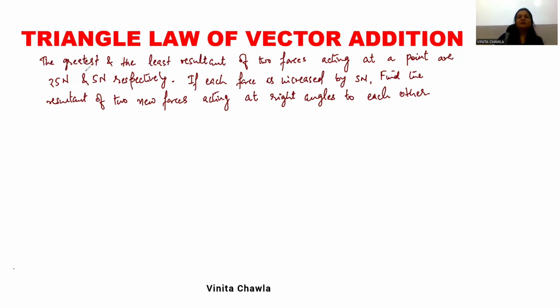How do we find the greatest resultant? What is the meaning of the term greatest resultant? Maximum. If we consider the forces as A and B, it's your choice, these are just vectors that we are considering. Greatest means A plus B. A plus B is 25.